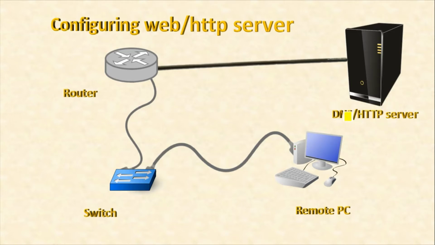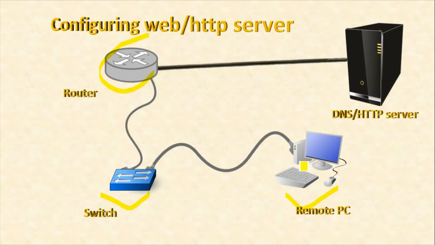I have kept the name as DNS plus HTTP server because both services are running in this device. Here I have taken one router, one switch, and one remote PC from where you will access web services.